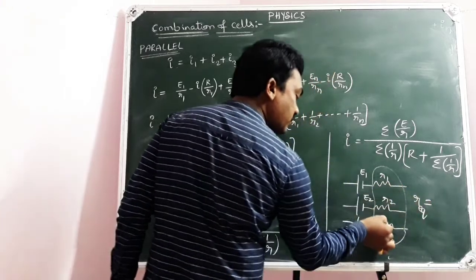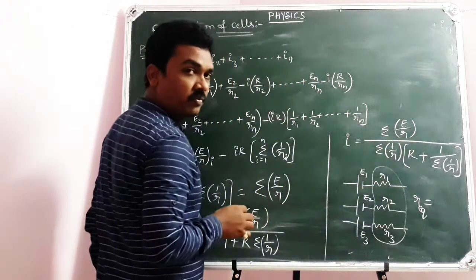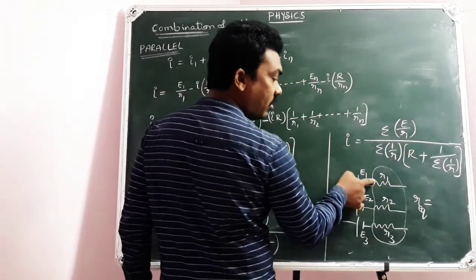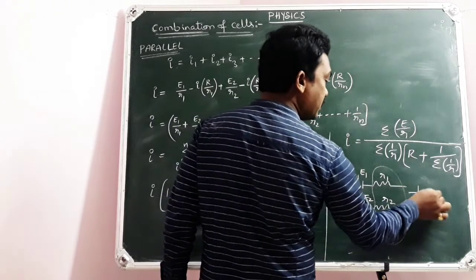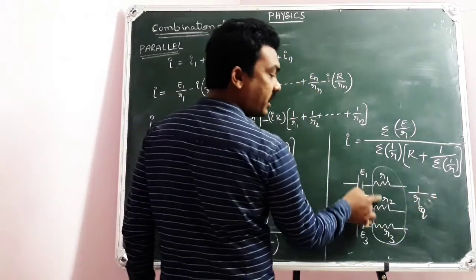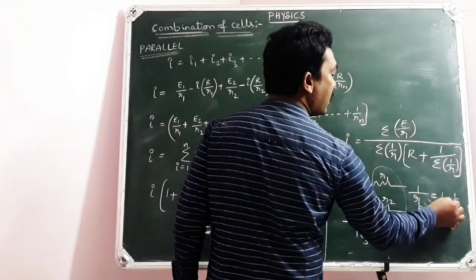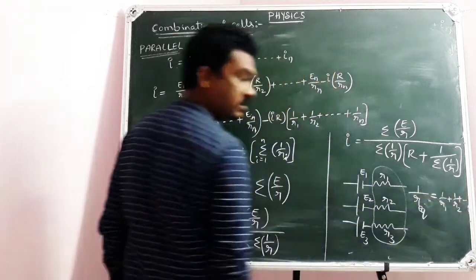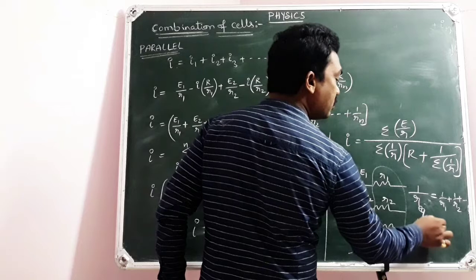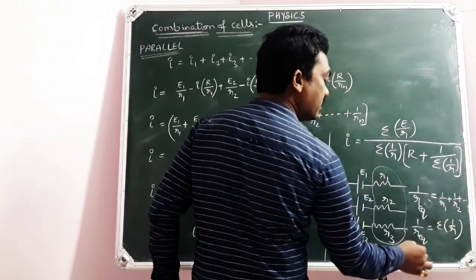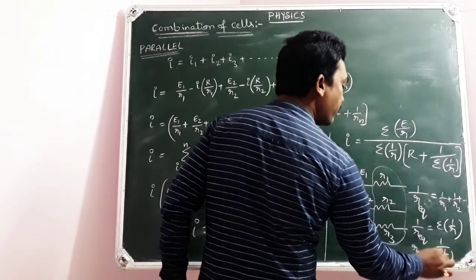I repeat, all these are in parallel. That's why, in parallel combination, 1 by R equivalent equal to 1 by R1 plus 1 by R2 plus and so on. You know this. So 1 by R equivalent equal to sigma of 1 by R. Then R equivalent equal to 1 by sigma of 1 by R.